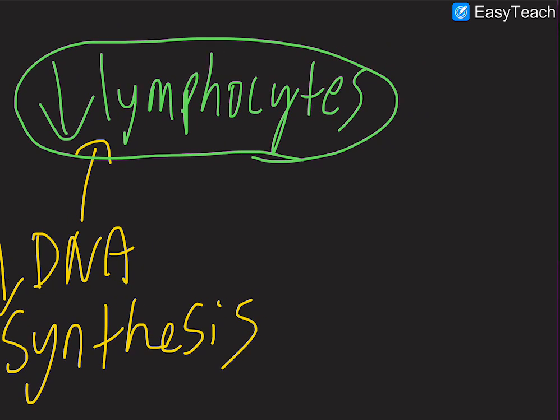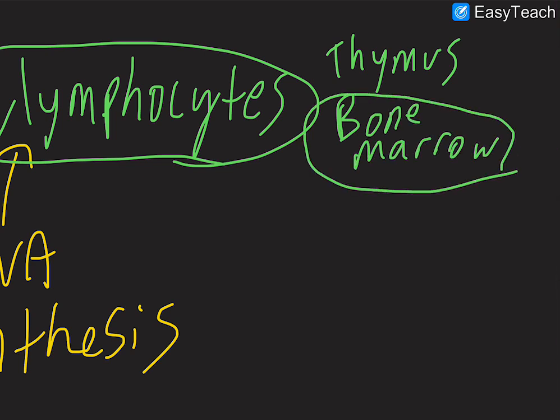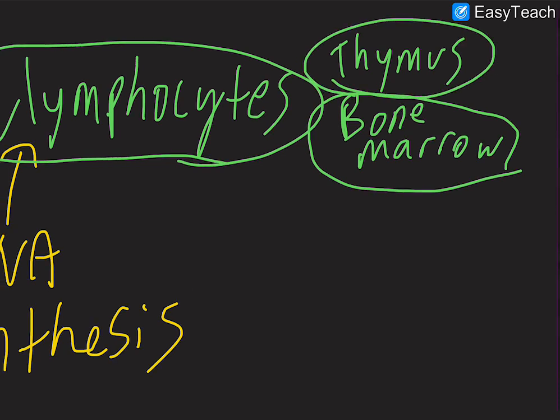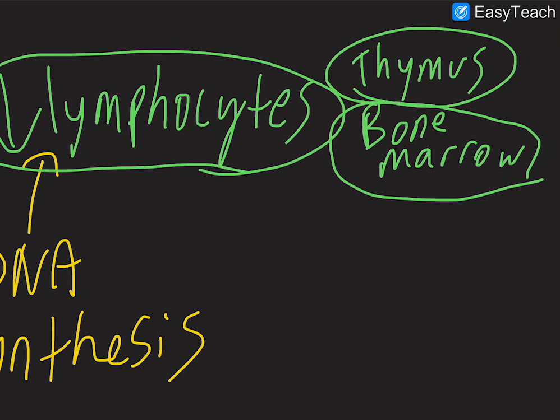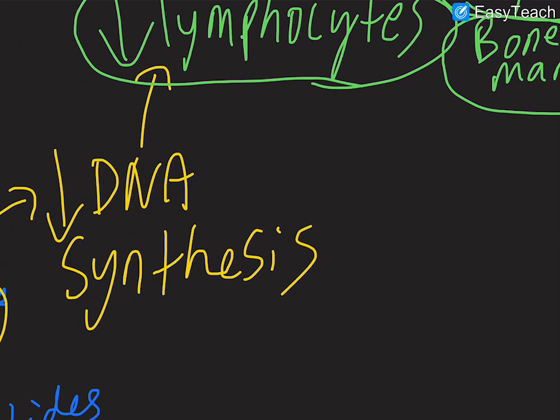This can affect your lymphocytes in your thymus, your T lymphocytes, and your lymphocytes in your bone marrow, which are your B lymphocytes. Remember, T lymphocytes go to your thymus to mature.